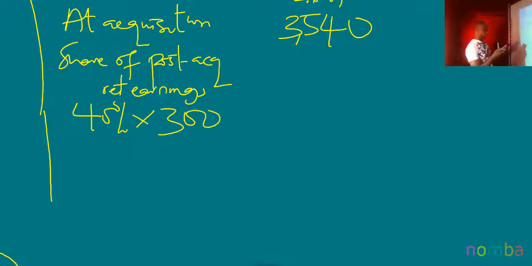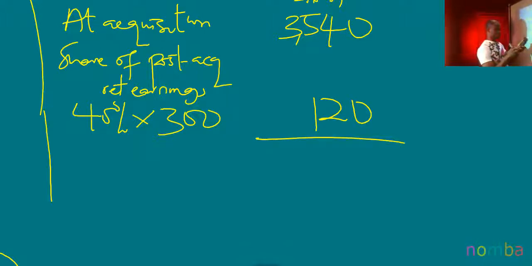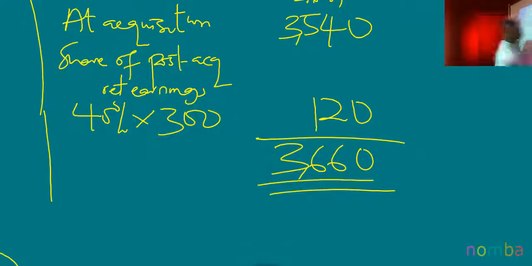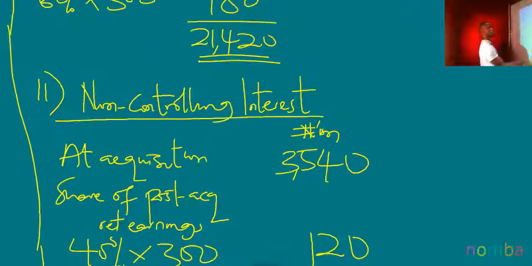What would that give us? 0.4 times 300 gives me 120. So if I add 120 to 3,540, that gives me 3,660. And that is my non-controlling interest at the date of consolidation.